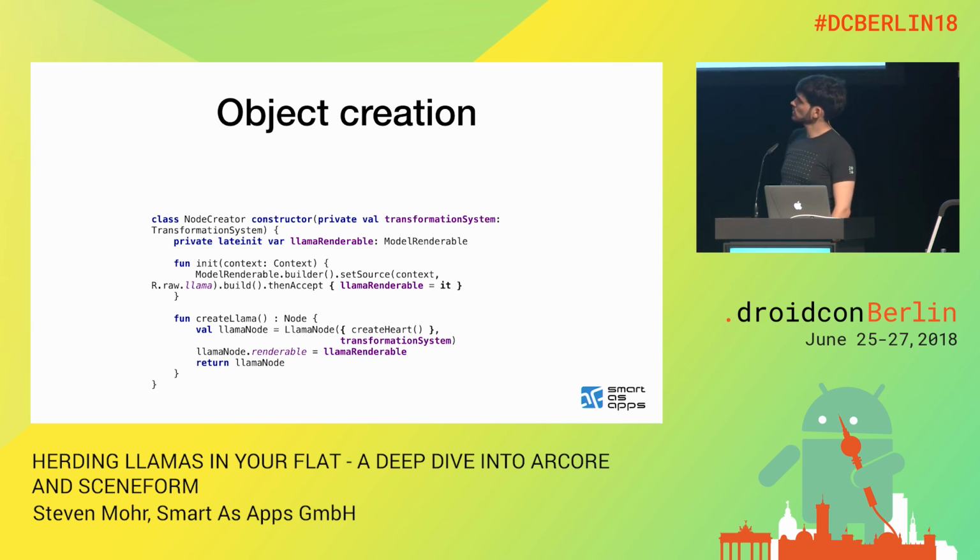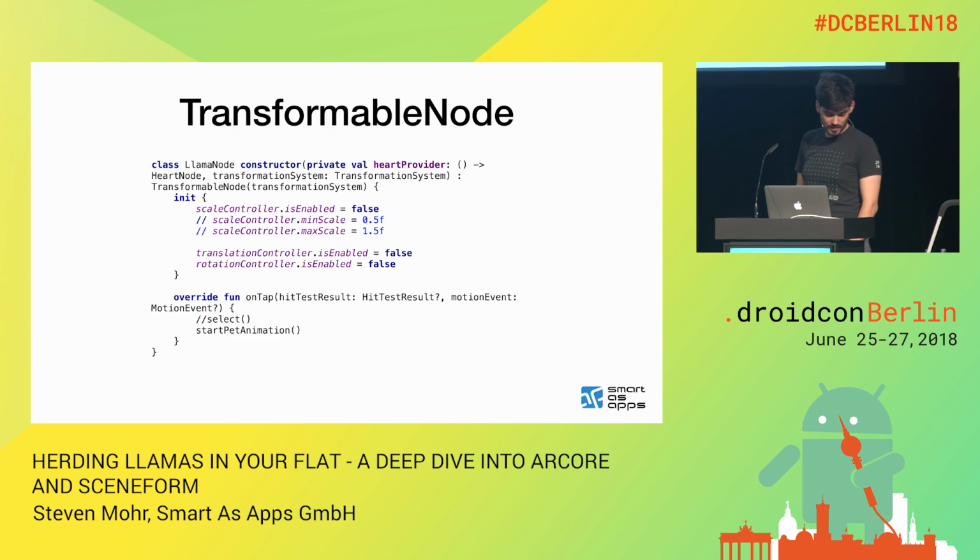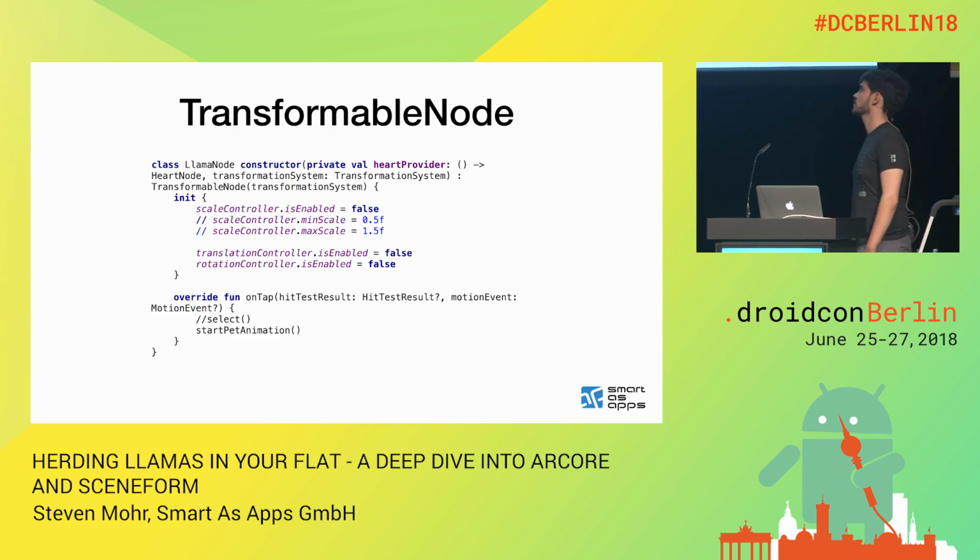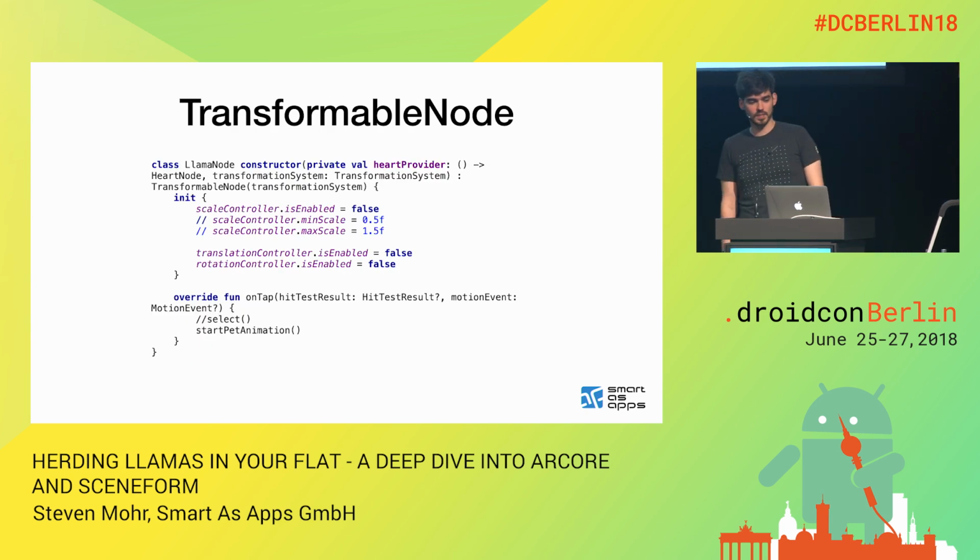Then we create a node with this renderable. It's also just 2 lines of code down there. And you might wonder, what is a transformation system? That's something that's provided by the AR fragment, and it gives you support for all the standard gestures.